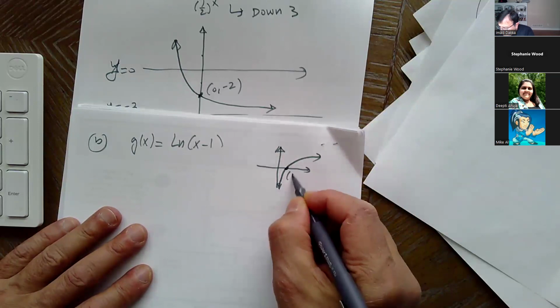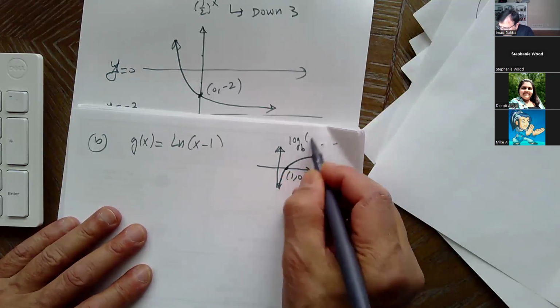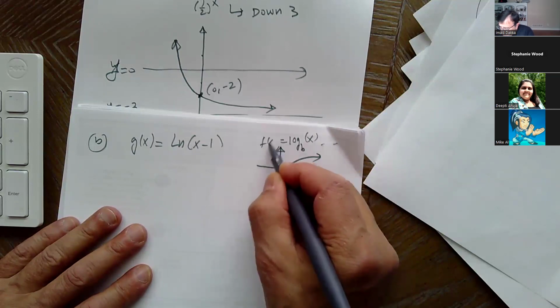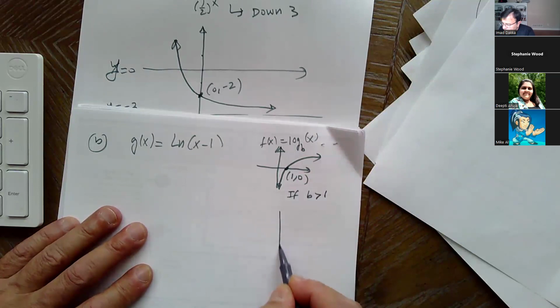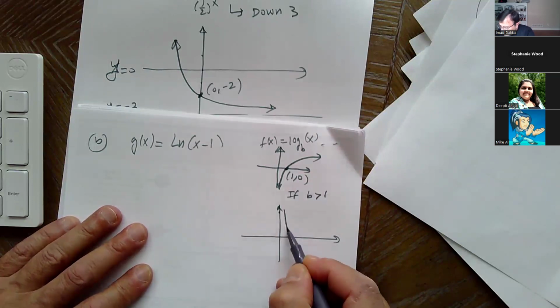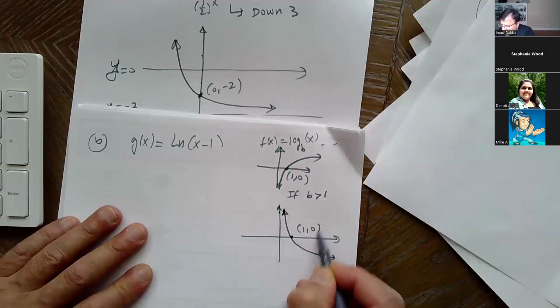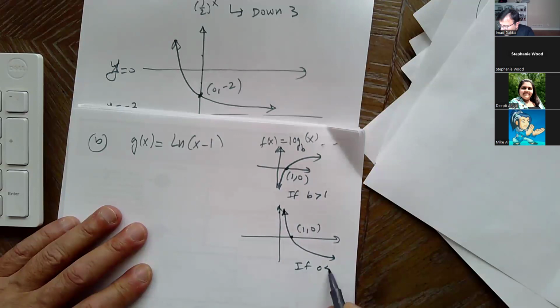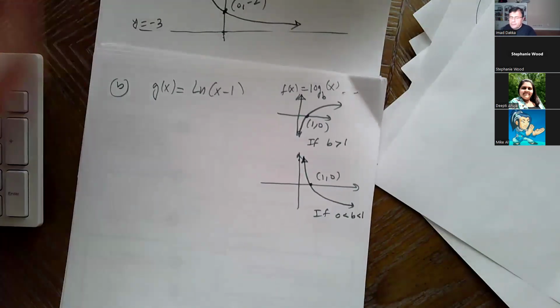It has an x-intercept at 1 if the base, that's log base b of x, is greater than 1. And it would be decreasing. It has an x-intercept at 1 if the base is between 0 and 1. These are the two basic log graphs.